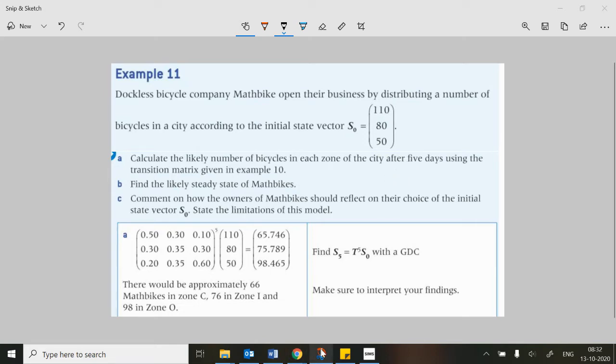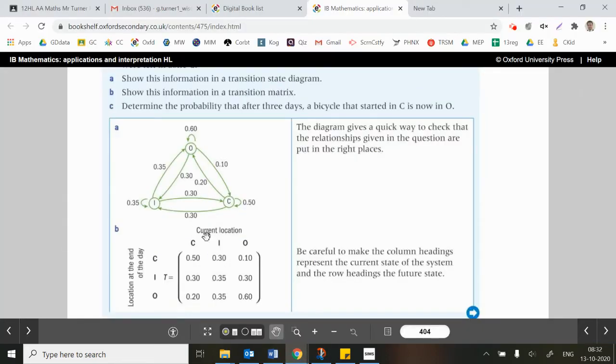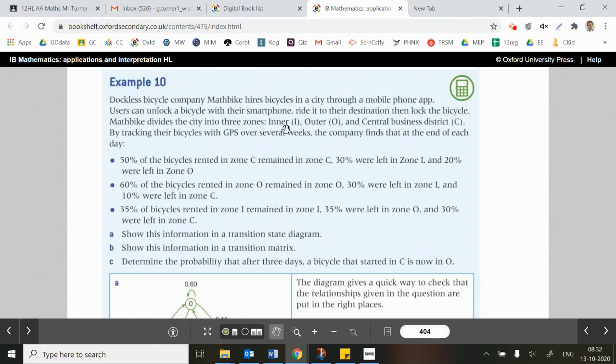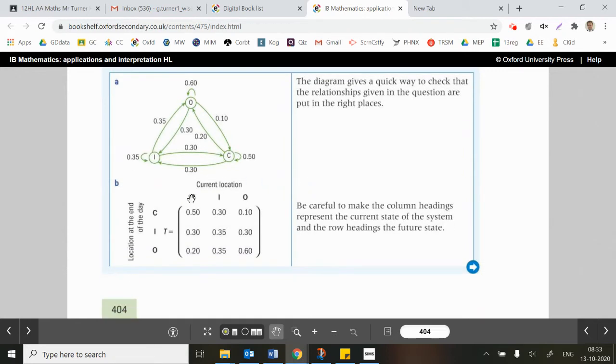So they have the central, the inner zone and the outer zone. Okay, so these are the 3 locations. This is the current location on this side. This is the ultimate location where they're going to end up at the end of the day.